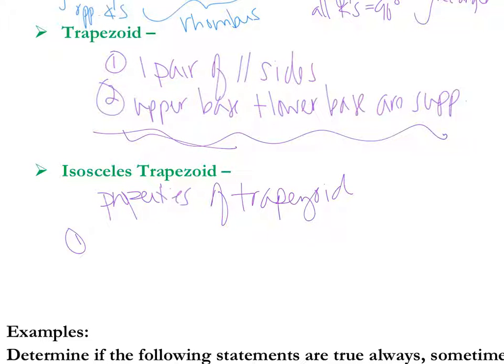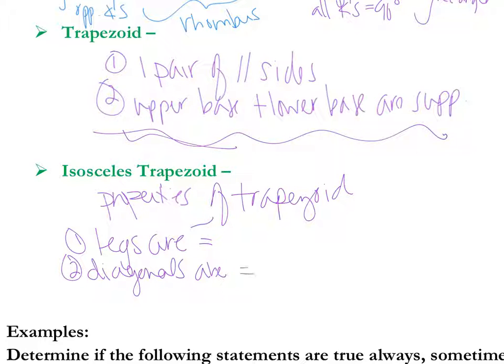And then the new ones are the legs are congruent, diagonals are congruent, the base angles are congruent, and opposite angles are supplementary.